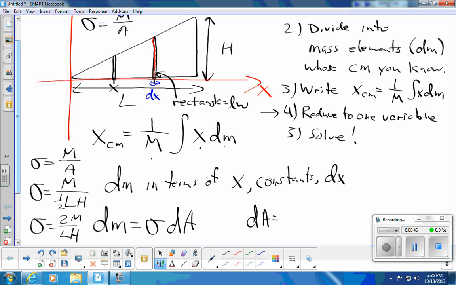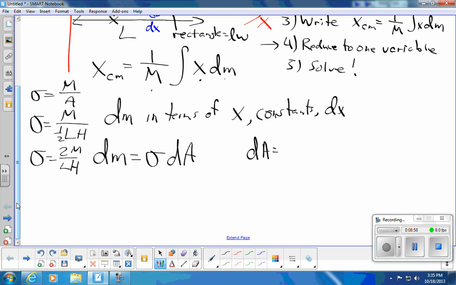How wide or high is the rectangle? Well, that is not infinitely small. That's several centimeters or something. For now, I might call it little h. So I can write the area of this thing as h times dx, the area of the rectangle. Which means I can go back to my dm mass here and say sigma times h dx.